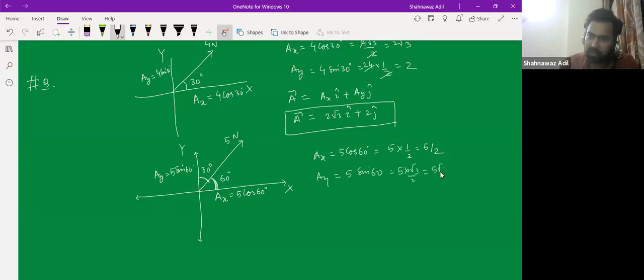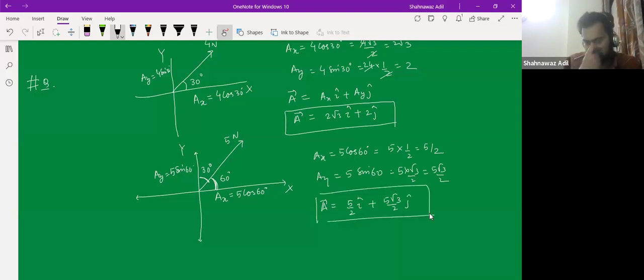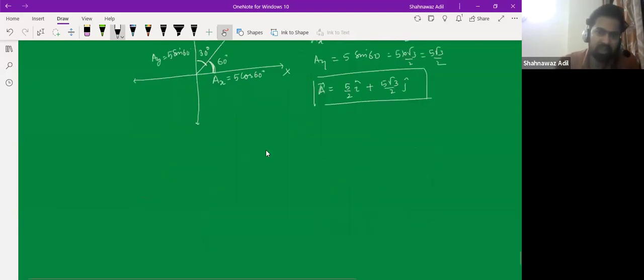So I can write this vector as 5 by 2 i hat and 5 root 3 by 2 j hat. So this is the vector, right? Now, let's complicate this thing further.